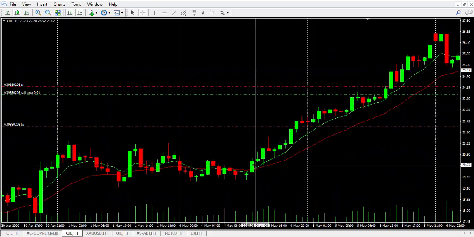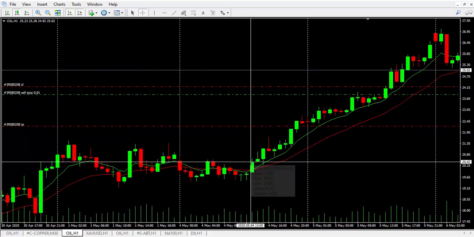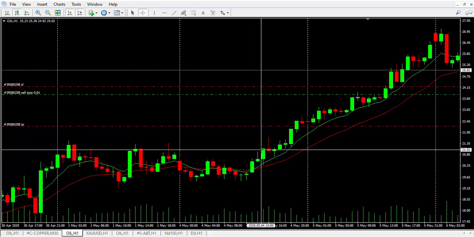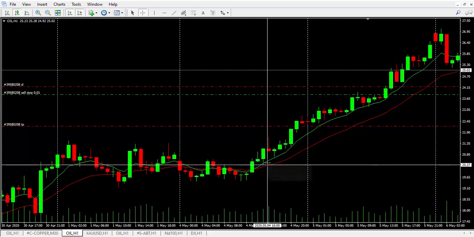Okay, you can see here the price is 20.42, and here the price is 21.02. After almost 60 cents the price moved up. Suppose I trade with 0.01, then I will make $6. I am spending just $2 to $3, and I am earning $6 here. But after the closing of this candle, this gives me a signal to take a trade.